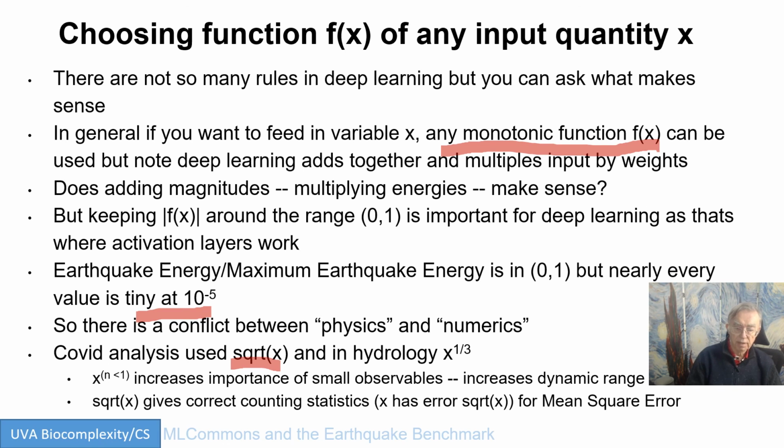For any n, from log n to x to the n for any positive power, you're going to find a monotonic function. So you can choose that. For some variable data, you might choose x squared if it didn't vary very much.